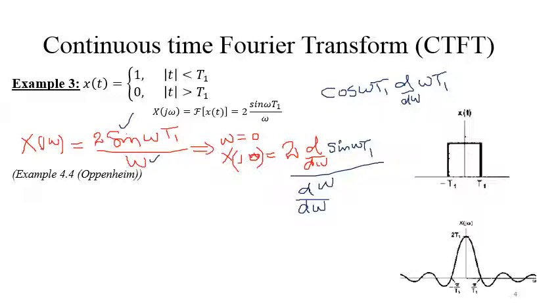And from here we get 1. So this is 2 t1, right? This is the value you get for omega equals to 0.